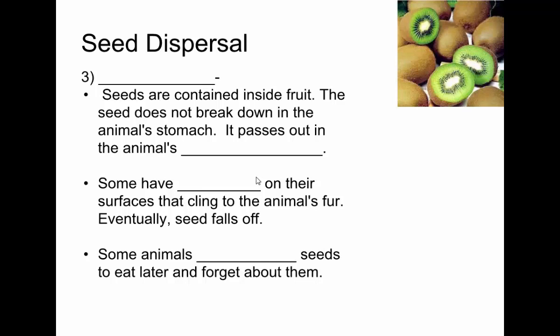Another one of the most common ways, the one we're familiar with, is animal dispersal. Lots of times animals help to disperse seeds. One way is through fruits. Animals eat fruits because the fruit has yummy, nutritious stuff on the outside. That's an adaptation.